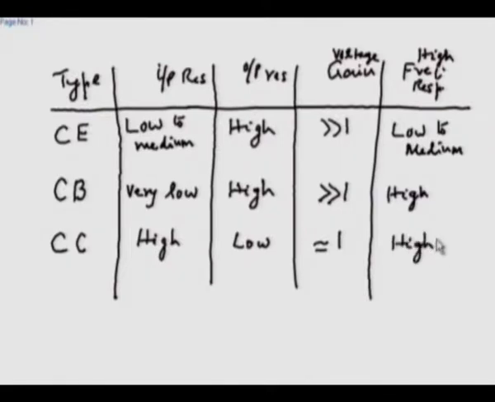So we see immediately a case for cascading different stages. If you remember, the basic philosophy we follow in a multistage amplifier is to bring in the advantages of different stages and order them in such a way that you finally minimize the disadvantages and cash in on the advantages.